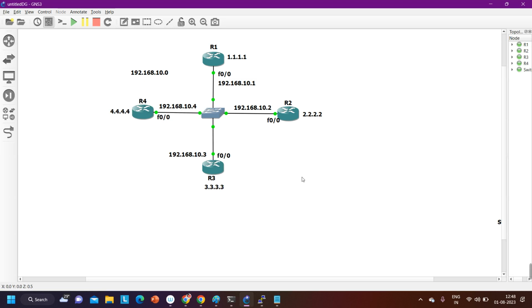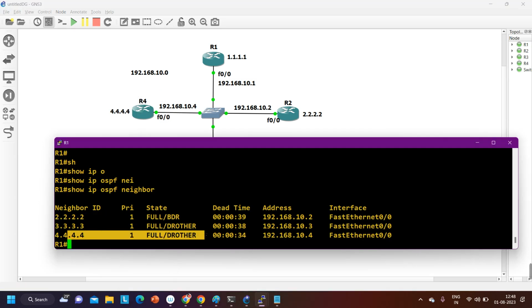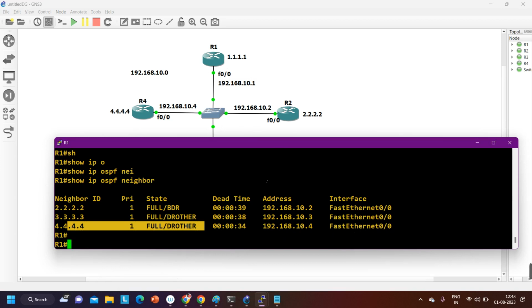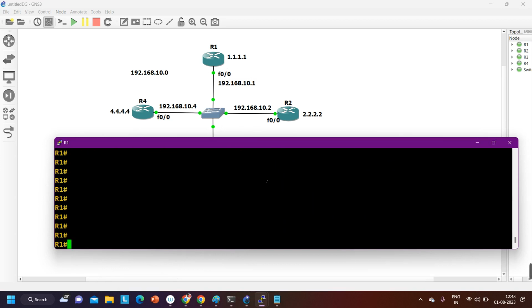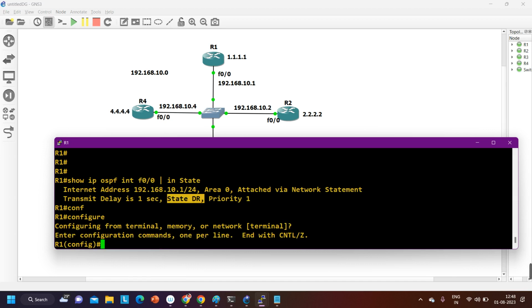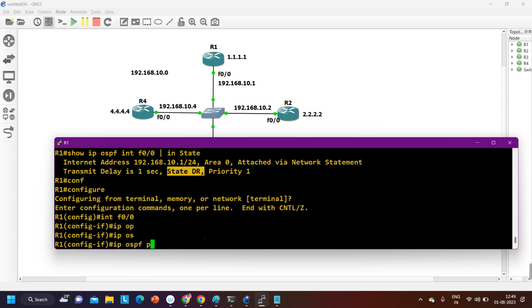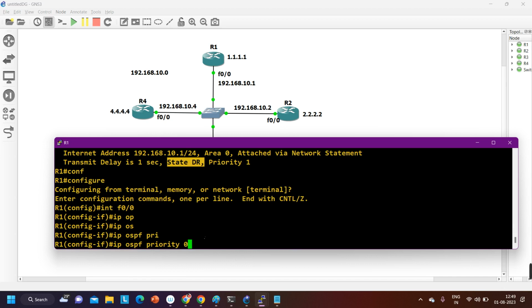And you know how we will implement this in real time. Router 4 should be my DR, but now router 4 is DR other, and router 1 is DR. So I want router 1 to always be DR other, and here I will set priority 0. Show ip ospf interface shows this router is DR. On interface F0/0, the ip ospf priority command sets priority 0.